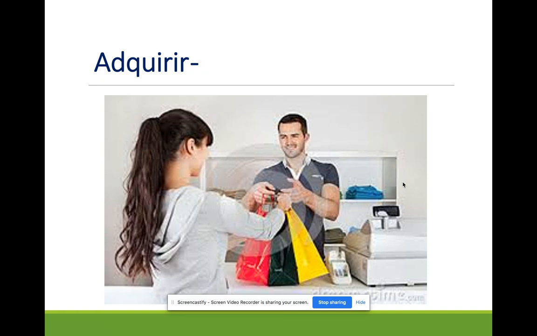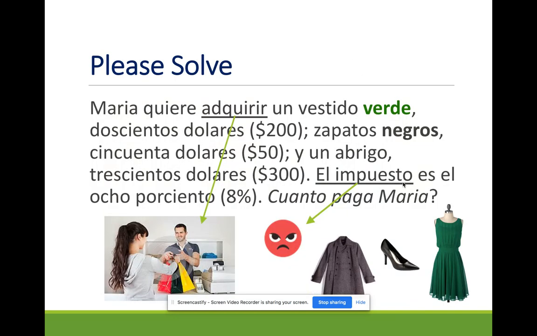So here we go. This is obviously a ripped off image, so pay no attention to that. This might be a better picture to go along with this key verb. And when I put it in context, underlining the word, okay, so Maria is going shopping and she's going to buy a green vestido.